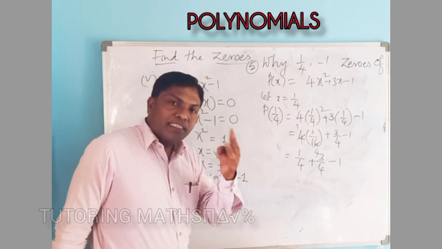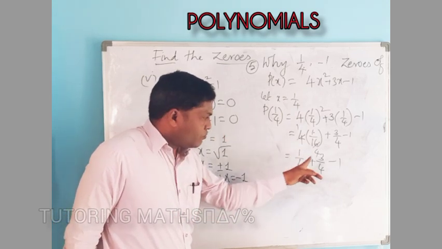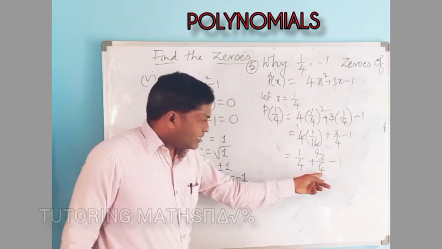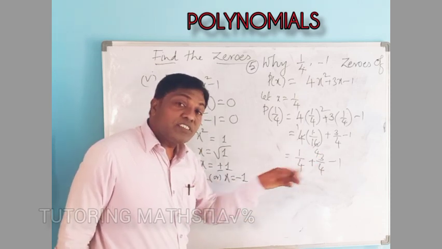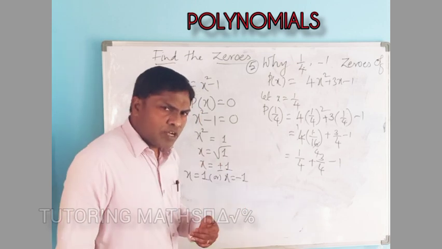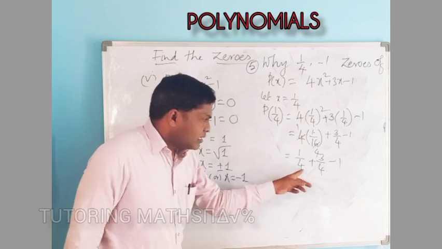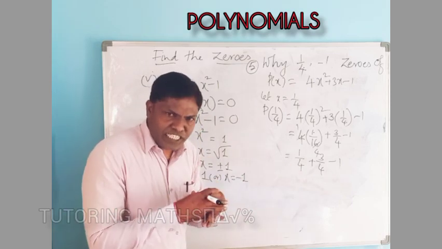Now we have got three terms: 1 by 4, 3 by 4, and minus 1 is also a fraction. These fractions are like fractions. You know which are like fractions: when the denominators are equal, they are called like fractions. The sum of like fractions can be done in an easy way.